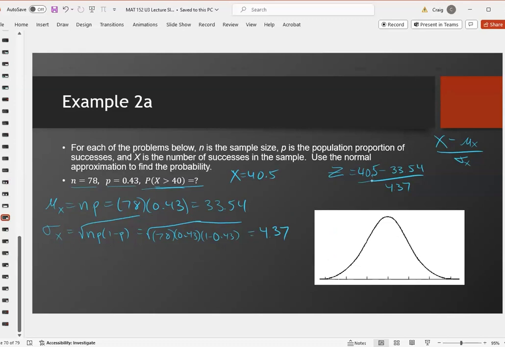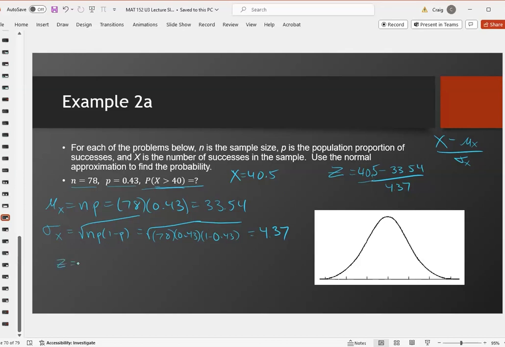What happens there is we're assuming these numbers are continuous, so numbers that are less than 40.5 are going to be equal to 40. 40.4 we would round down to 40, and 40.3 would round down to 40. But 40.5 now rounds up to 41. This is the first number that would round to greater than 40, and so that's why we're going to use 40.5 to find z.